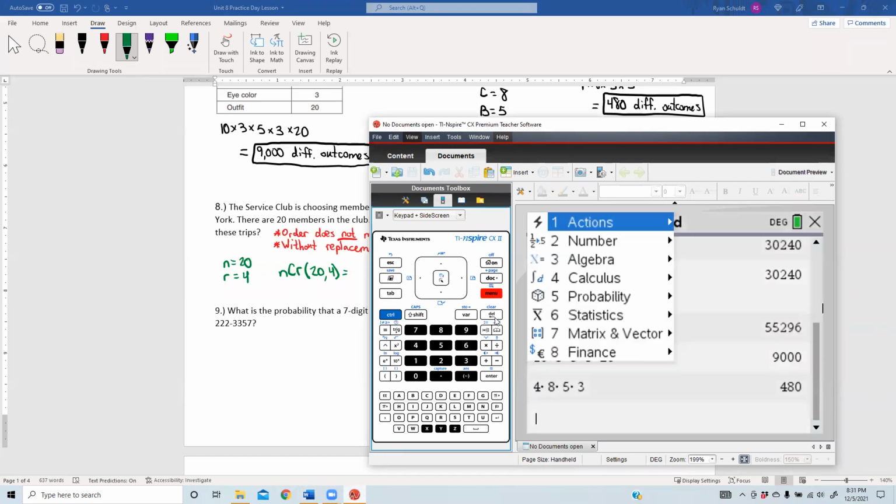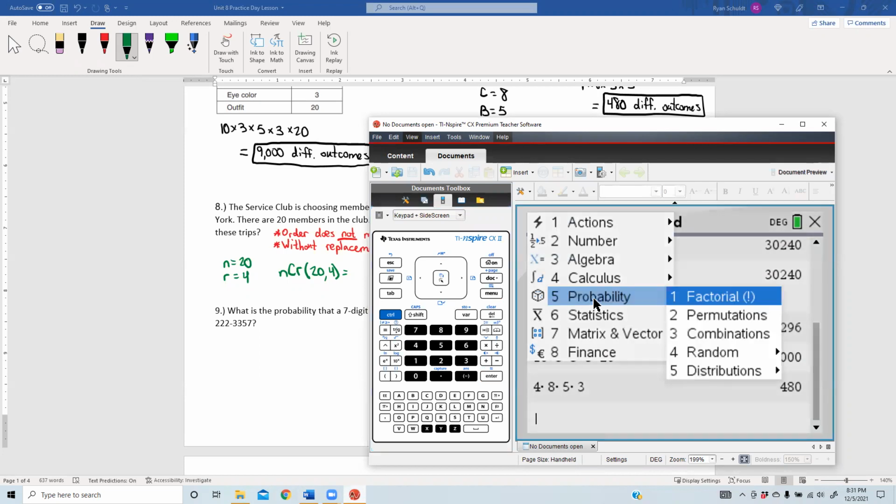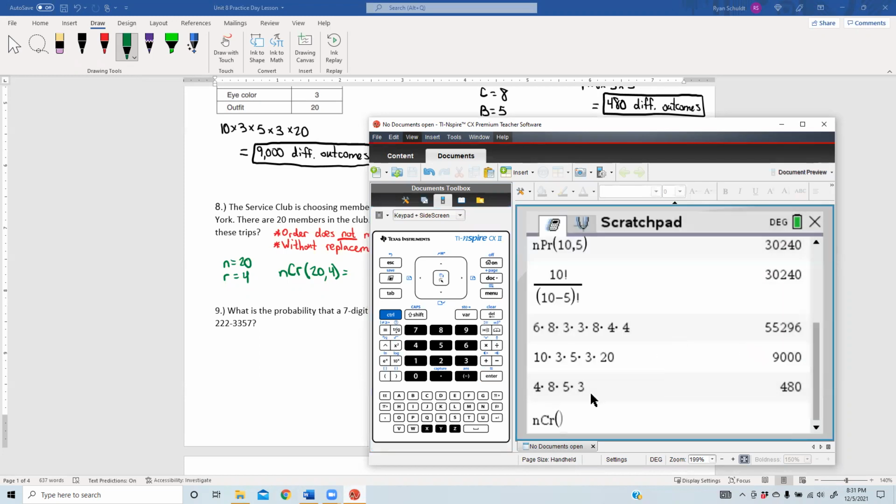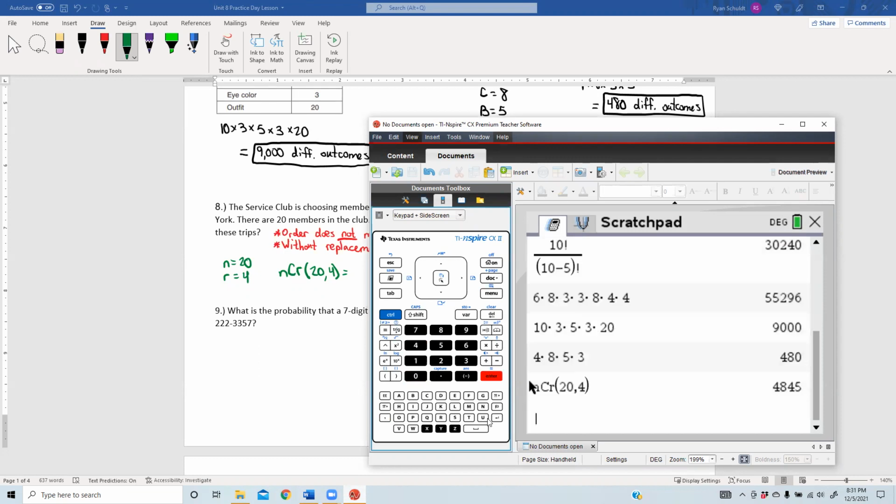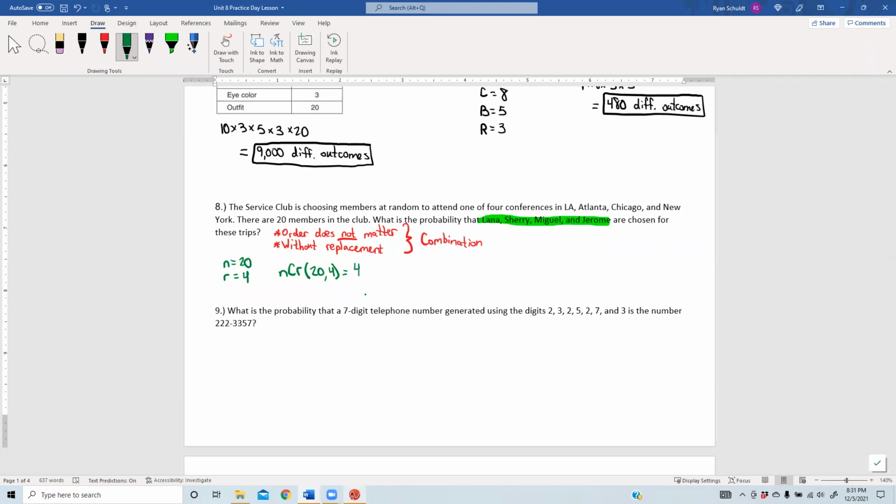So to do a combination, you get a menu, probability, which is option 5, combination is option 3. You do 20, 4. 4,845. That's how many combinations they have.